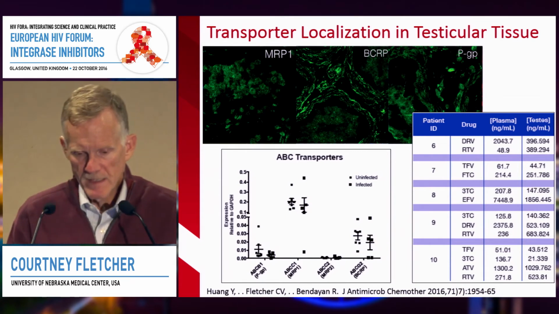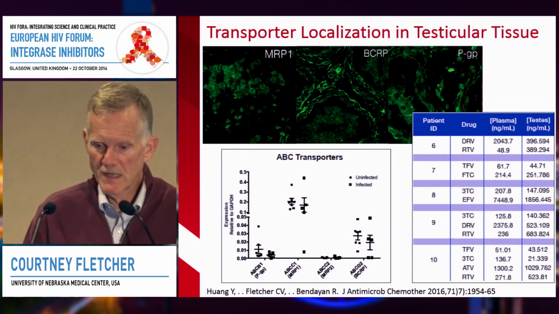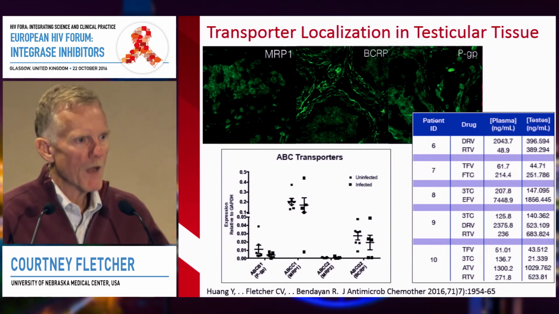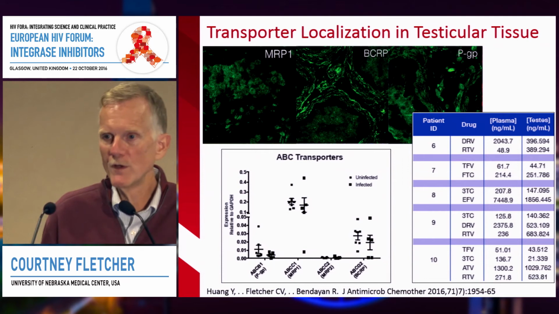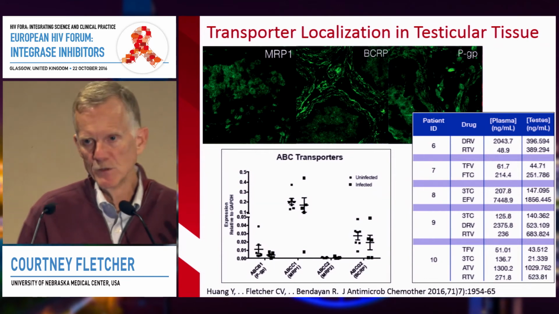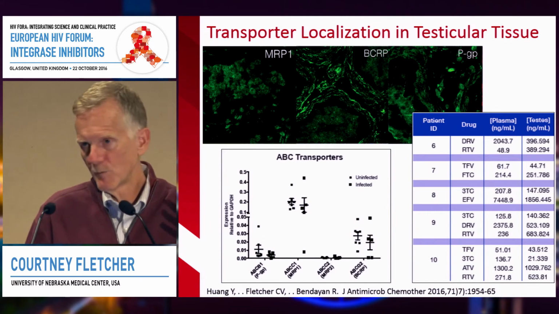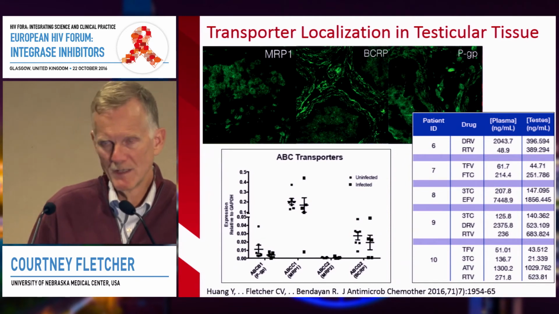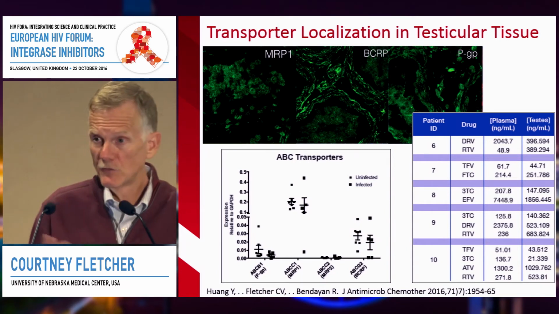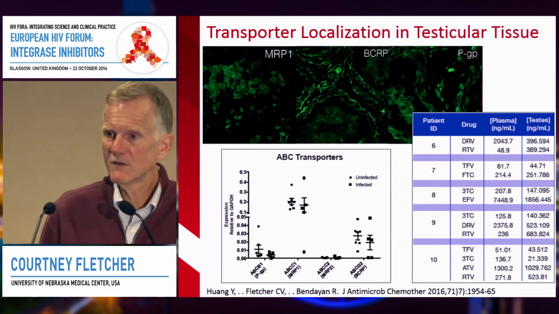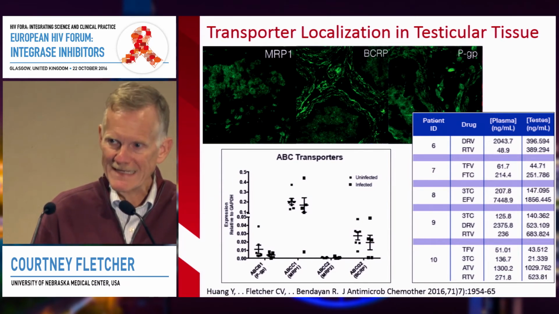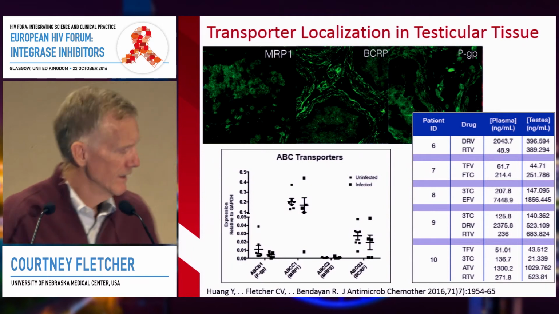Now, we've talked a bit about formulations. We've talked a little bit about physical chemical properties. Those probably aren't the only factors that are going to affect the spaces to which drugs distribute. When we talk about the nucleosides, but as well protease inhibitors and integrase inhibitors, we're learning that these drugs are not only substrates for drug metabolizing enzymes, but they're substrates for membrane transporters that control both influx and efflux into certain tissues.